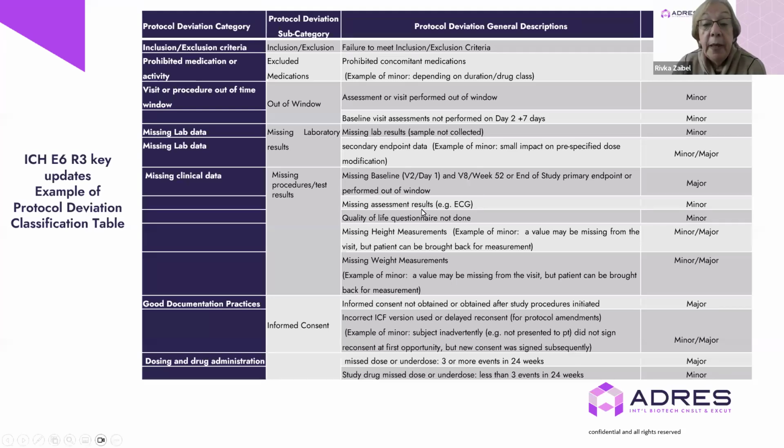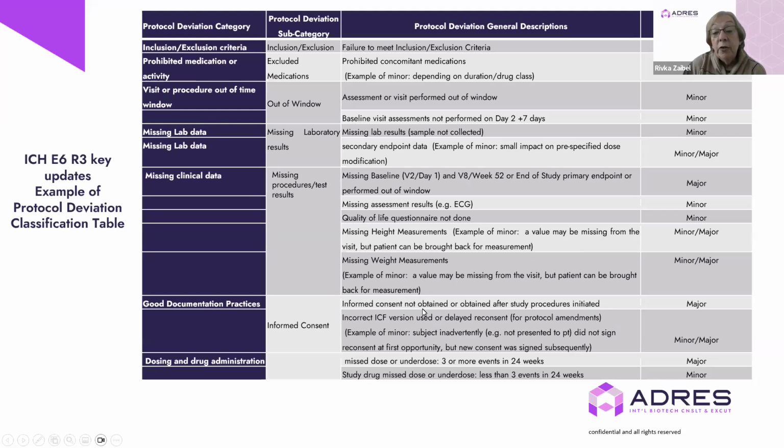Another example, missing clinical data, procedures that didn't occur or didn't occur on time. For instance, missing results of an ECG, quality of life questionnaire not done, missing height or weight measurements when those are relevant measurements to define your primary or secondary endpoint of the study.